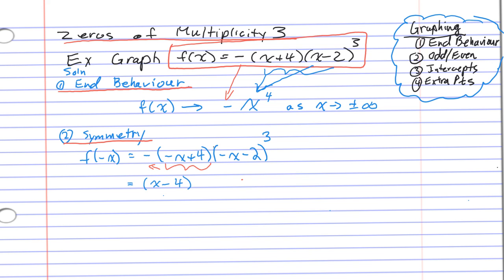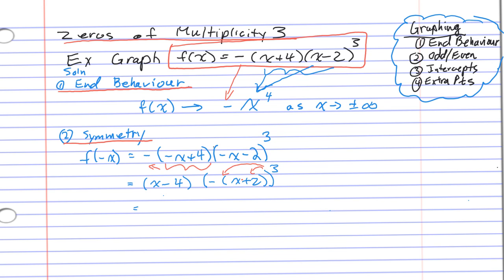So now we have x minus 4. Now, what about the other bracket? What we have to do is one extra step. We pull out a minus 1 from inside of the bracket, so you end up with x plus 2 all cubed. Now, that cubed is going to apply to this bracket and the negative 1.